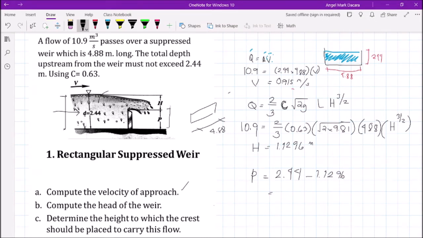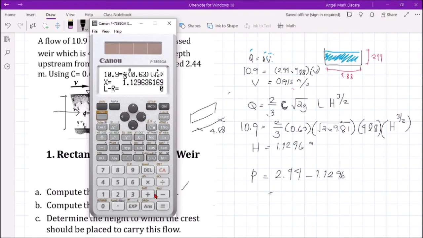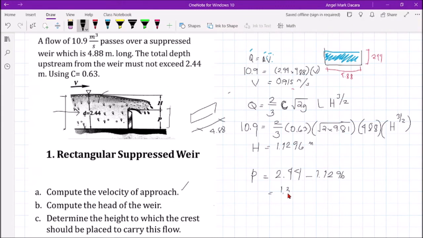So that height of the weir equals 1.3104 meters. Okay, so that's your answer. These are the answers being asked of us: the velocity of approach, the height of the head of water above the crest, and the height of the crest.